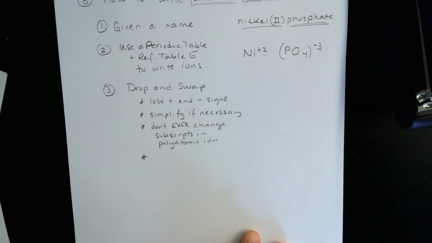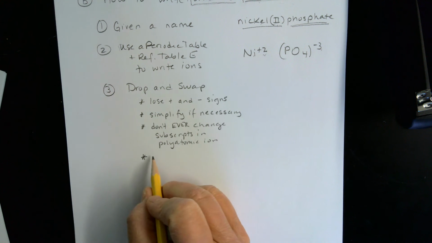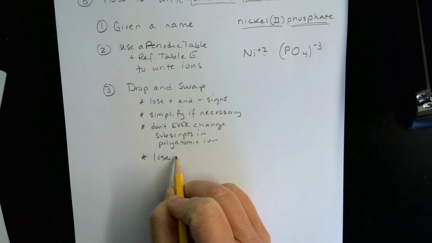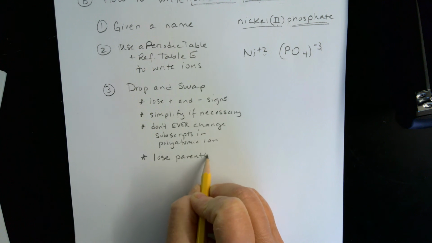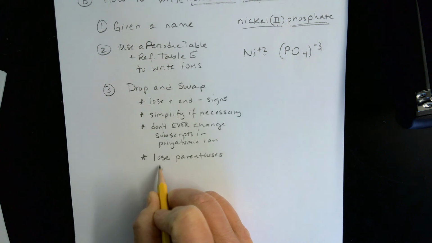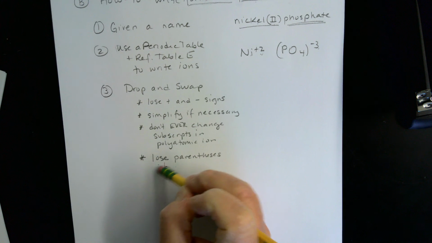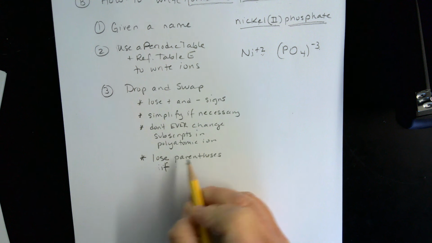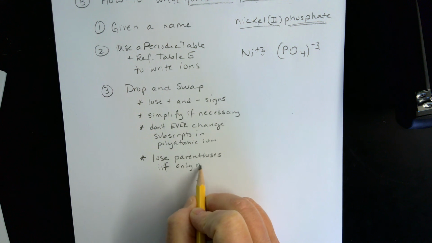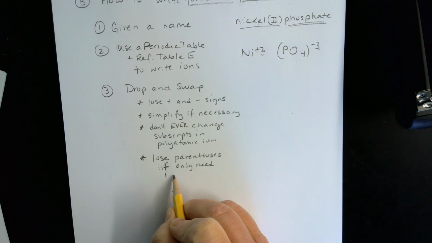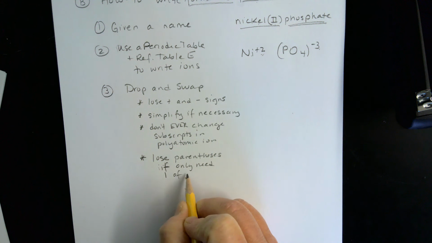One other thing to remember is that you lose the parentheses if you only need one of the polyatomic ion.